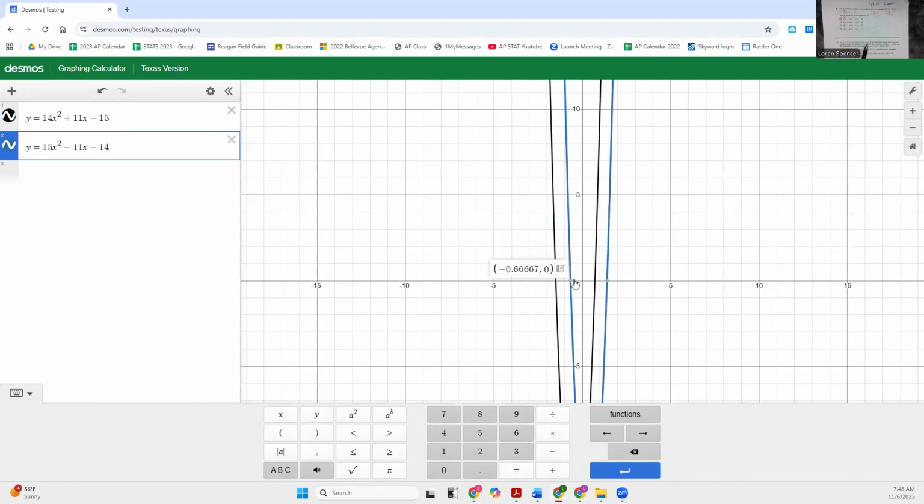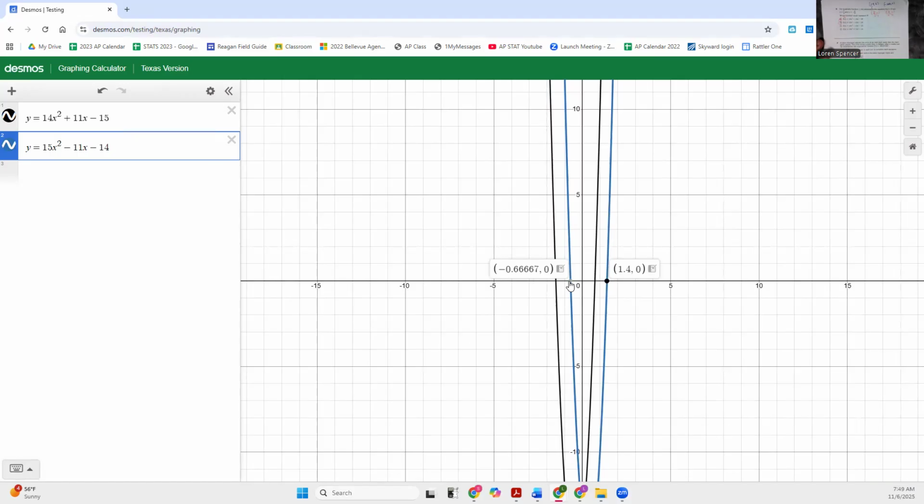Well, this one's in blue. In blue, hey, that one's at negative 2/3. So that part's good because we needed a negative 2/3. And the other one we needed was positive 1.4. So guess what? Our answer choice for number 6 is B because we ended up getting off Desmos the 1.4 and the negative 2/3 that we needed. All right. So that's number 6.